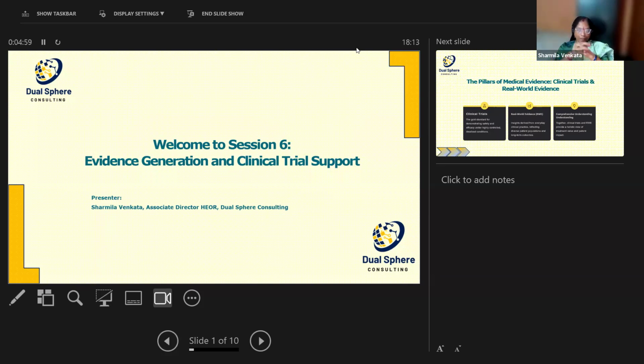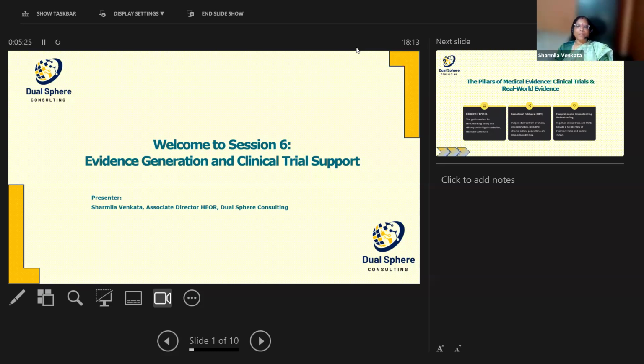So all together, RWE, HEOR, and systematic reviews form the foundation of evidence generation. They ensure that the data we produce is robust, relevant, and actionable, not just for regulators but also for all stakeholders.